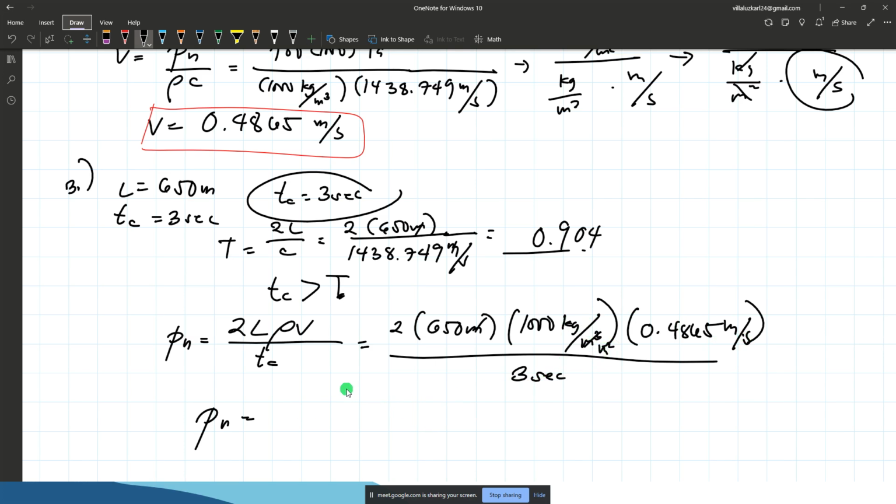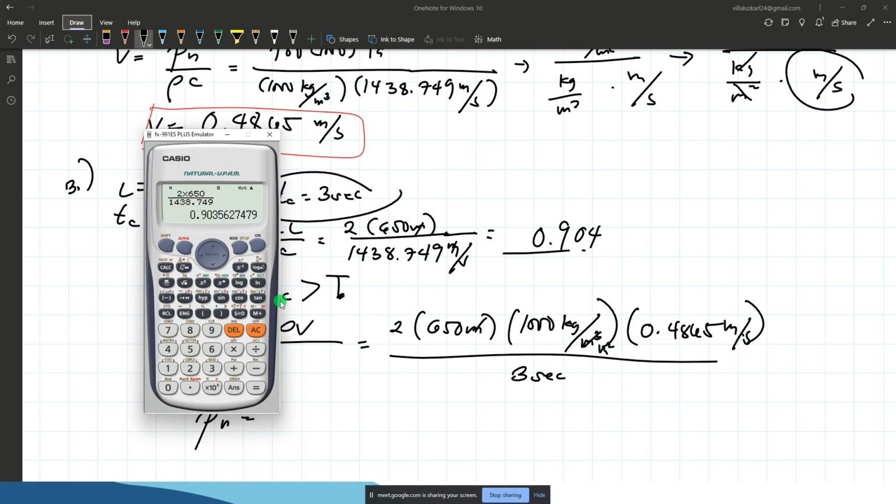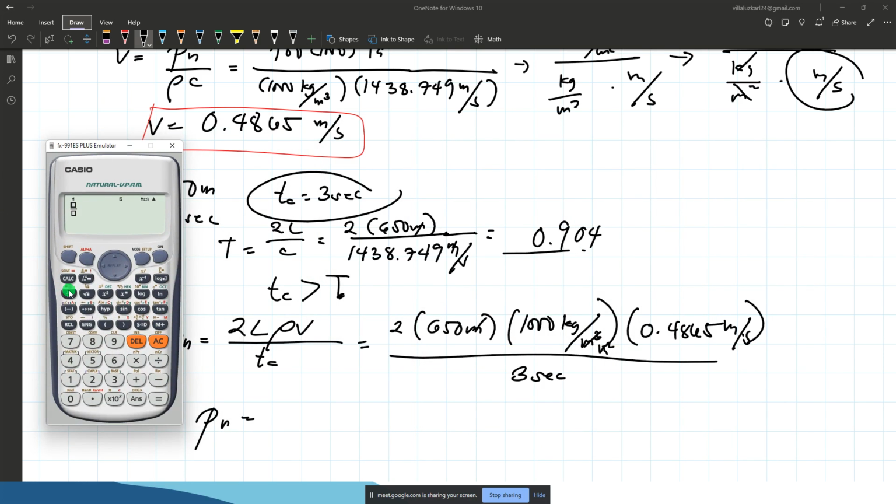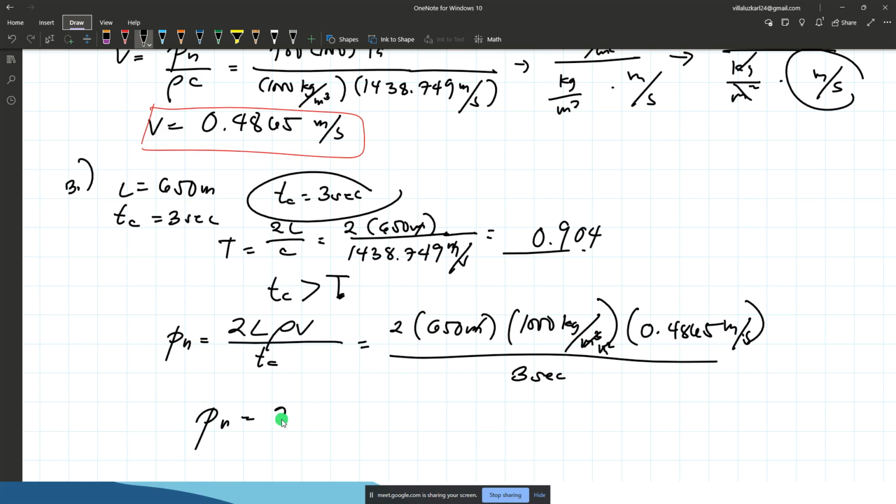So this is Newton per meter squared when we compute this. 2 times 650, 2000 times 0.4865 over 3.